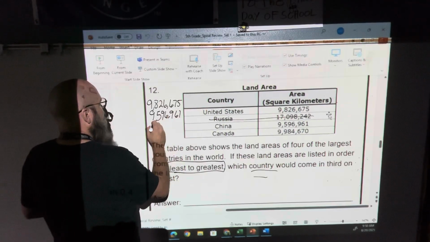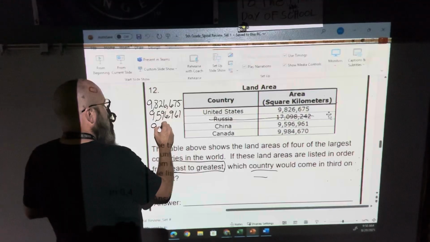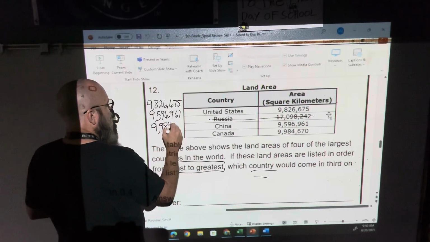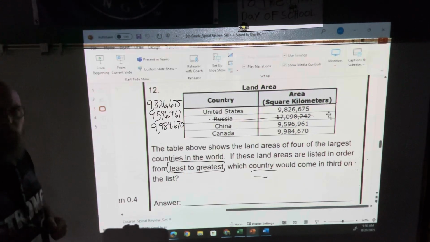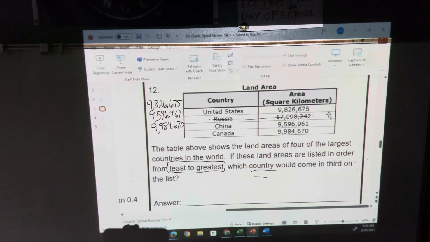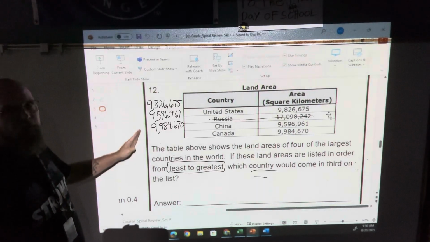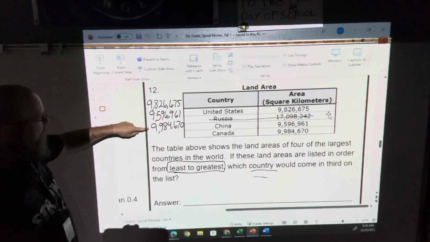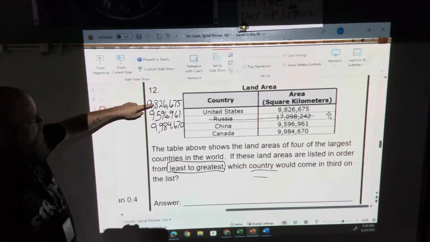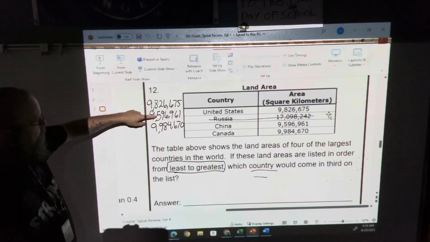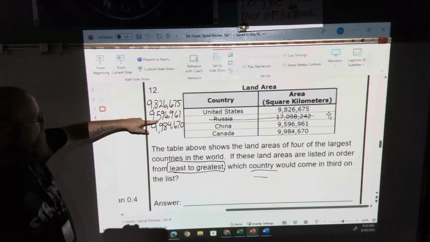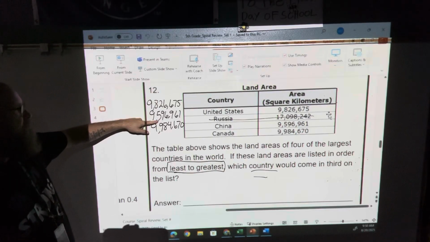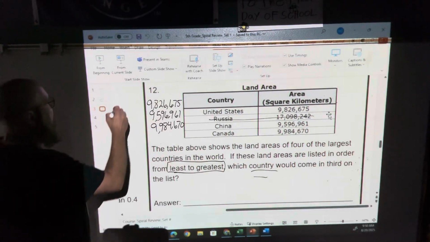For Canada, I have 9,984,670. Now I want to go least to greatest. I'm looking first for the smallest one. All 3 of them have 9 million. We have 800,000, we have 500,000, we have 900,000. So the one with 5 in the 100,000s place is going to be the smallest, and that would be China.